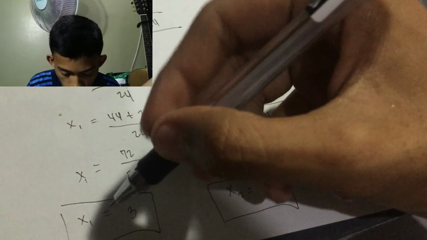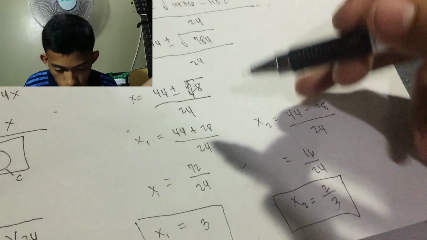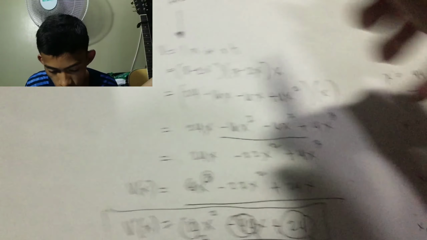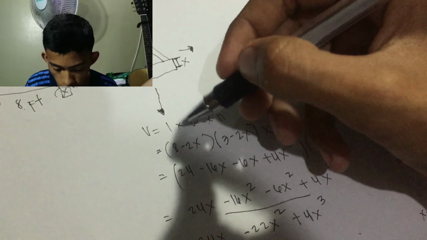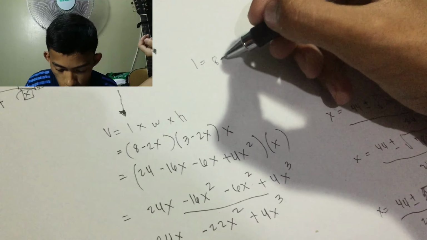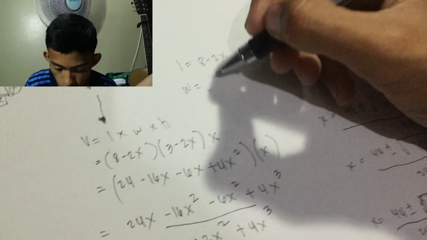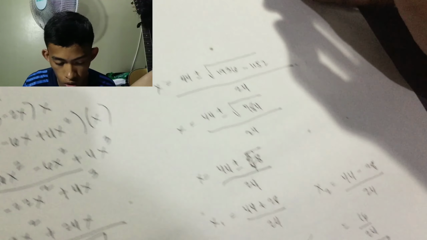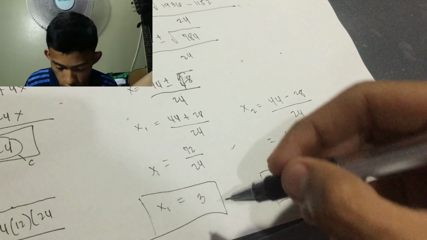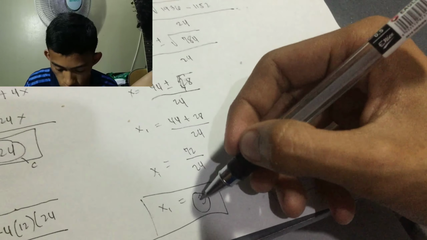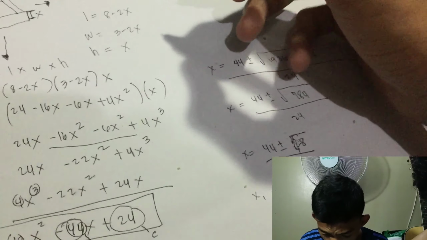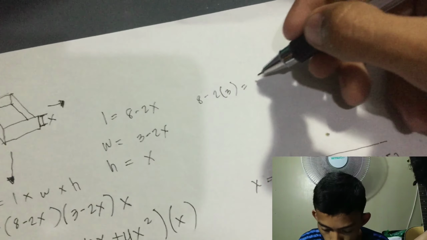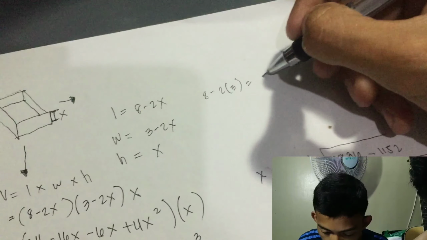So we can substitute these x's into our first formula, where our length is equal to 8 minus 2x, our width is equal to 3 minus 2x, and our height is equal to x. So using these critical values, you must substitute. Substitute first with 3. If we substitute 3, the length will become 8 minus 6, which is 2.